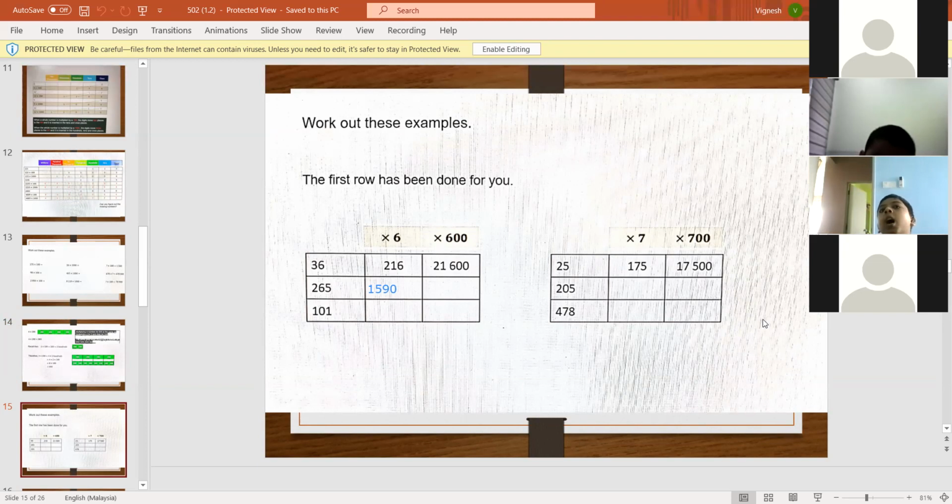Multiply with 100 or 600? 100. The answer you got just now, 1,590, you multiply it with 100. 159,000. Yes, correct.